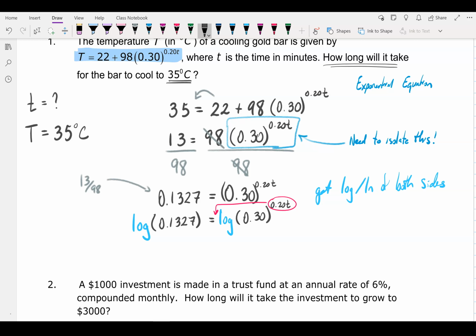The left side would be negative 0.8771. The right side will be 0.20t. Log of 0.3 is negative 0.5229. And essentially this is like a physics problem now. You're trying to solve for that t term.